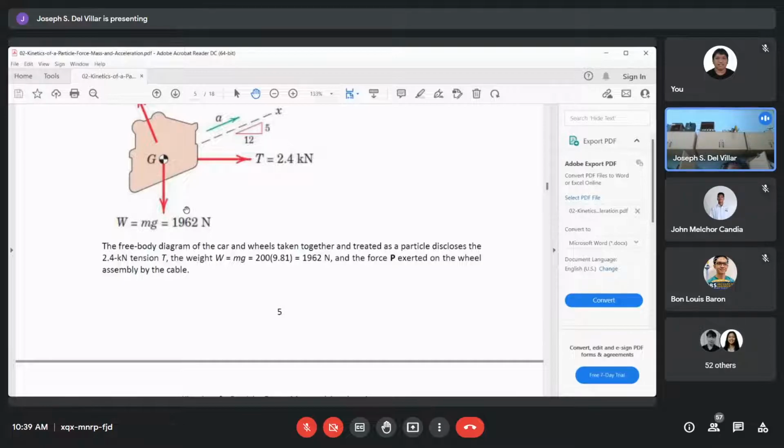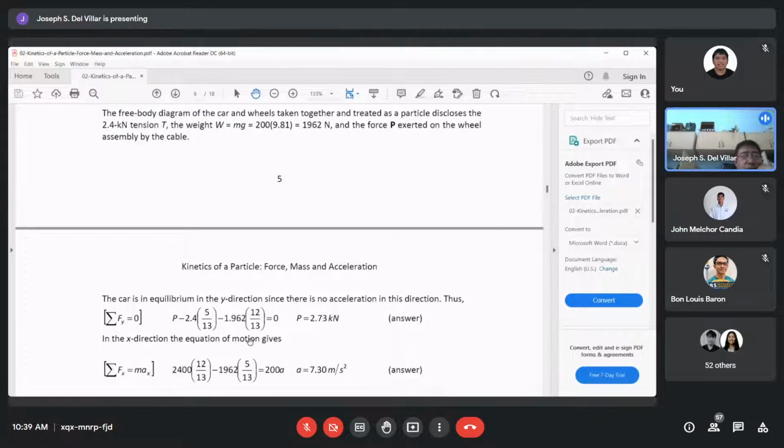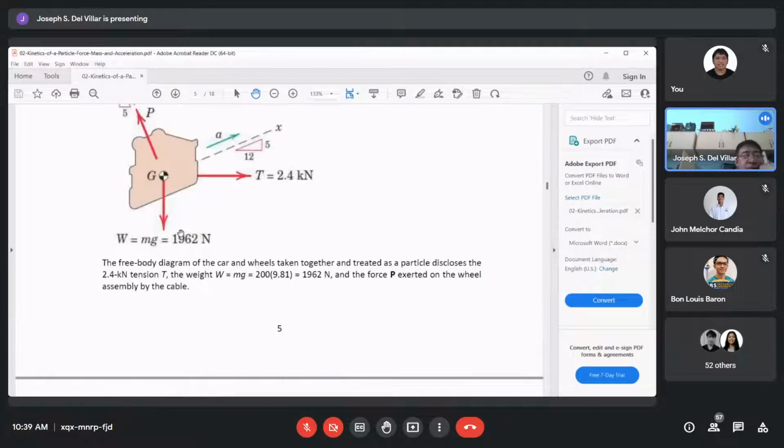Any questions here? So minus 1.962, we took the y component of this. No? So draw here, extend this, okay? And drop this. Okay? So it can be here, or it can also be here. So if here, we are after this.